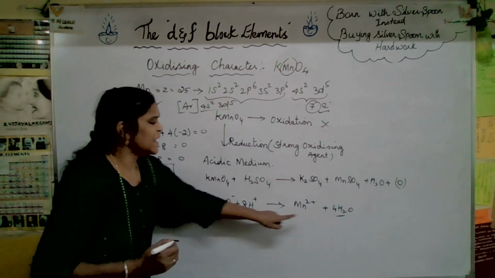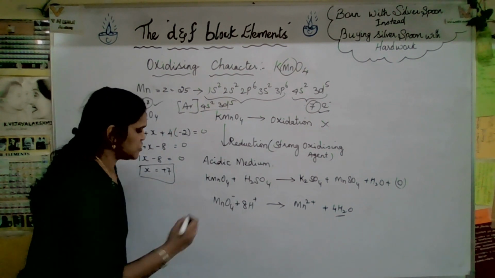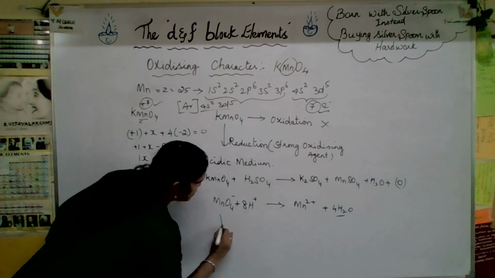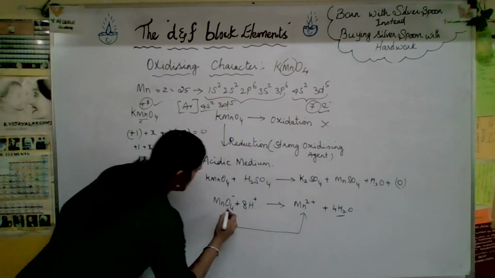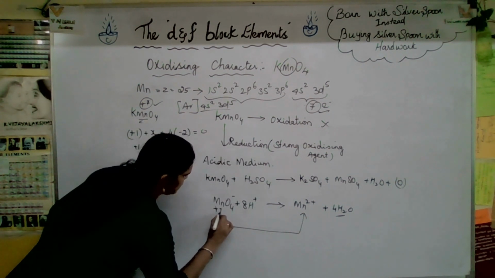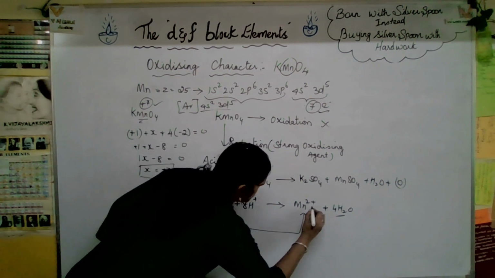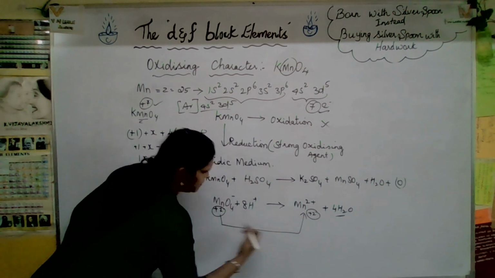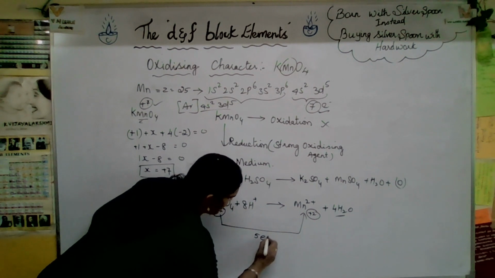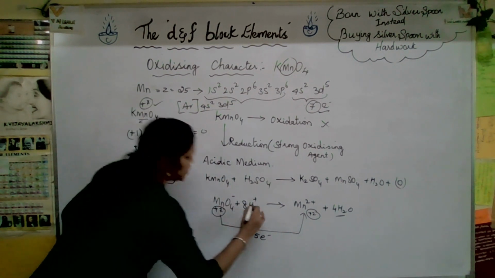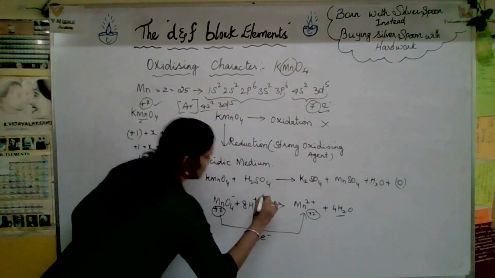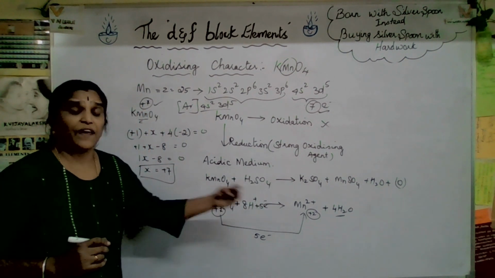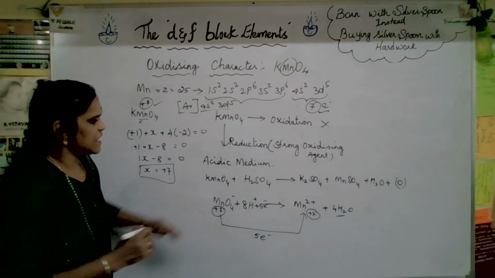Now, how many electrons have been exchanged? Here it is +7 and here +2. So how many electrons in between? 5 electrons change. So here 5 electrons. Right? So this is the way to count the number of electrons changed.